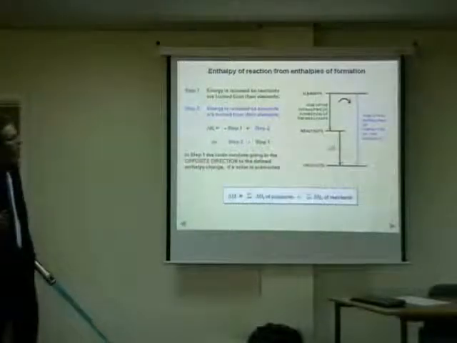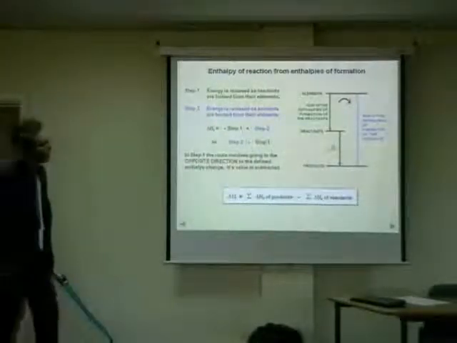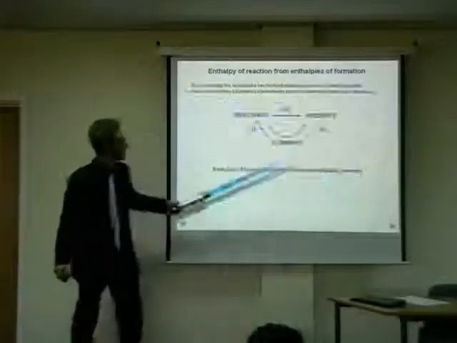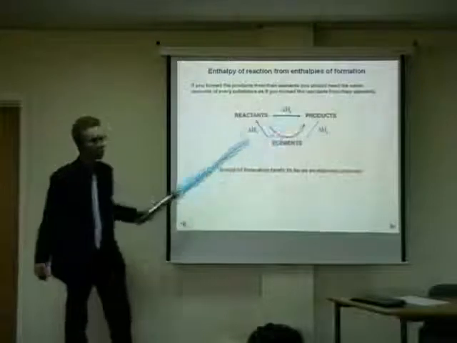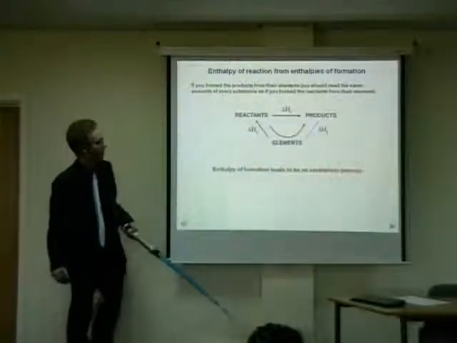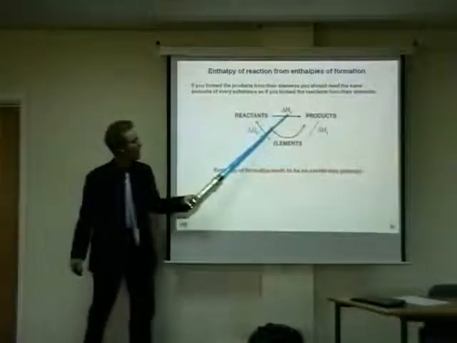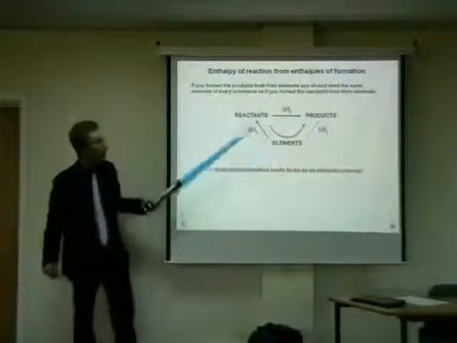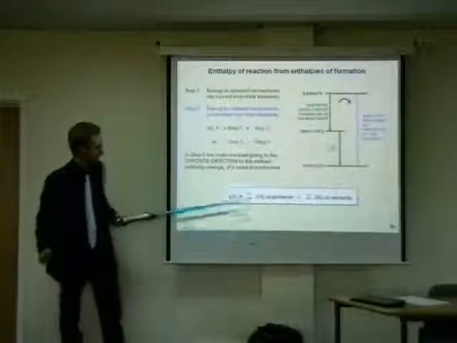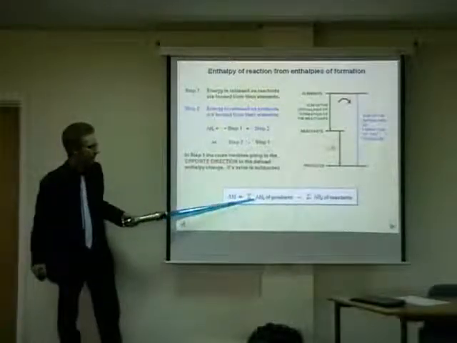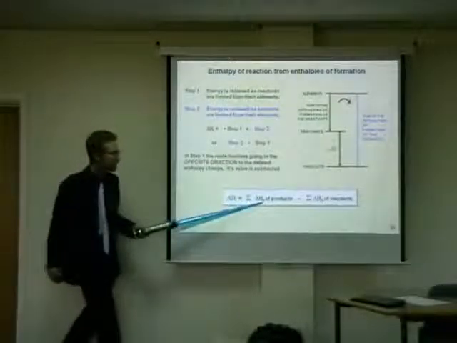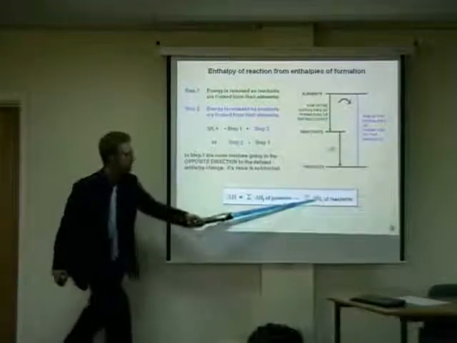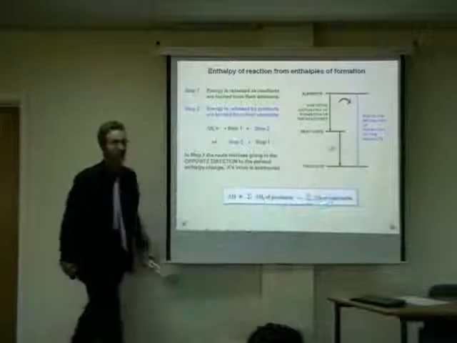So, I personally don't draw diagrams like this. I find this sort of diagram much more simple. Okay? If I wanted to have an expression for delta HR, it would be this one here. The sum of the delta HFs of the products minus the sum of the delta HFs of reactants.